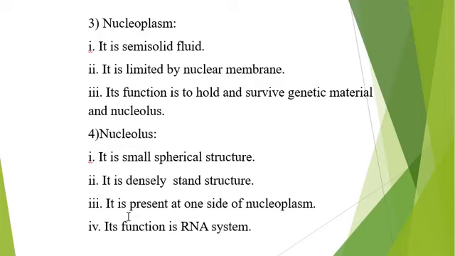Then the third part is the nucleoplasm. Nucleoplasm is a semi-solid fluid structure limited by the nuclear membrane, and its function is to hold the genetic material and nucleolus. Then the nucleolus is a small spherical structure, densely stained, present on one side or at the center of the nucleoplasm, and its function is RNA synthesis.